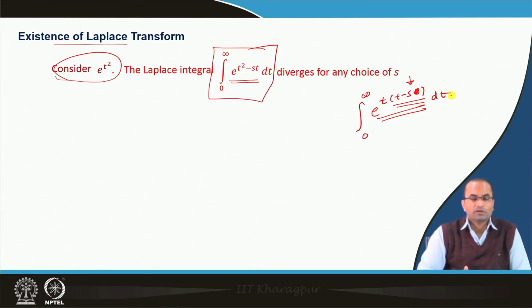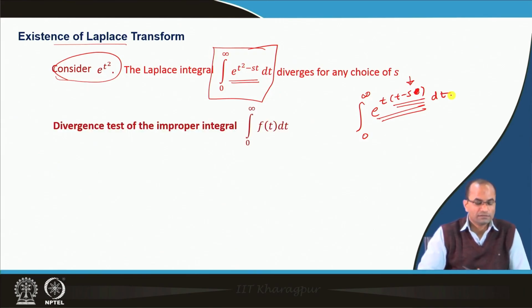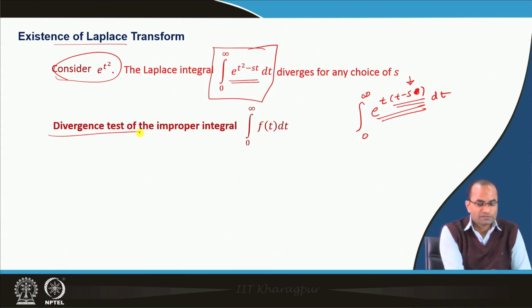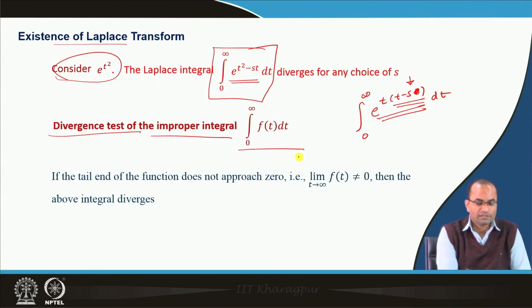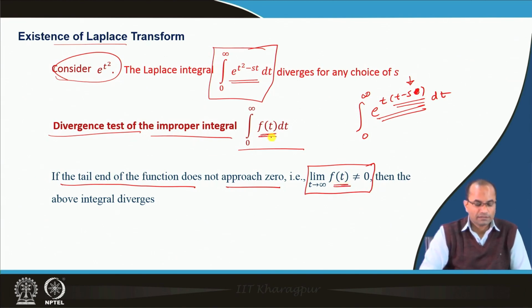So, just to recall the necessary conditions for the convergence of such an integral, we have the divergence test for such improper integrals, which says that if the tail end of the function does not approach 0, that means if we compute the limit as t approaches infinity of f t, the integrand, and if this does not go to 0, then the integral will diverge.